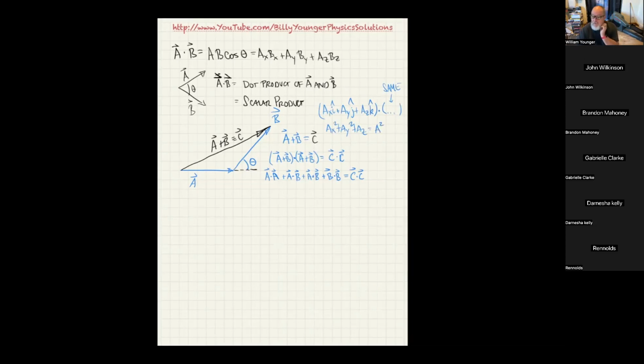The only difference is with the Pythagorean theorem, you need to take the square root to get the magnitude. So instead of taking the square root, I just left it as a squared.